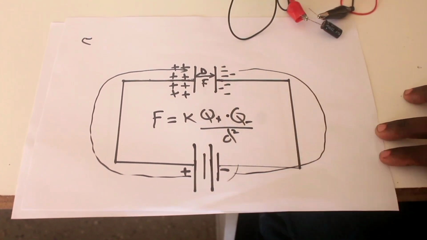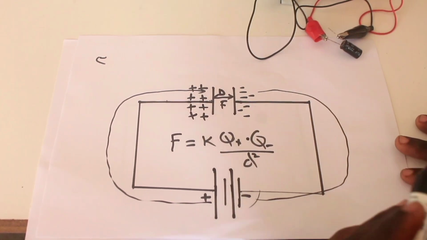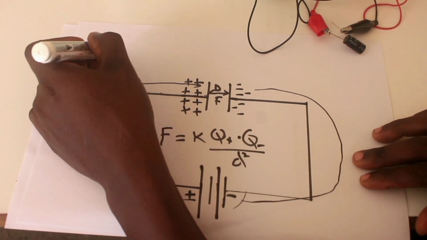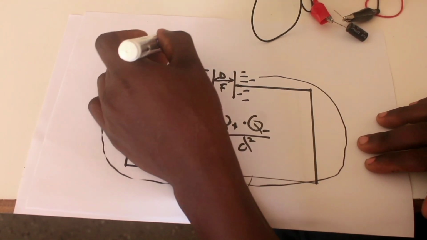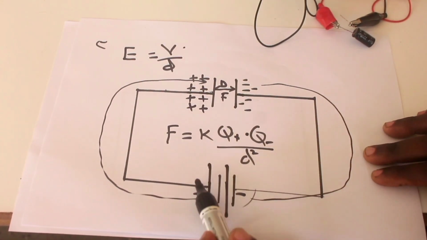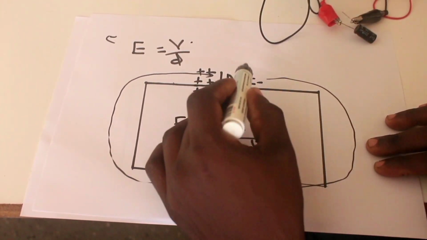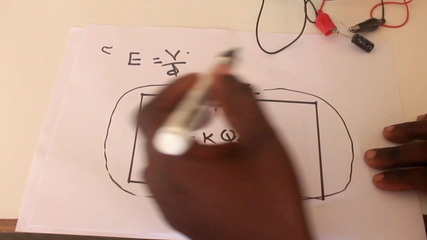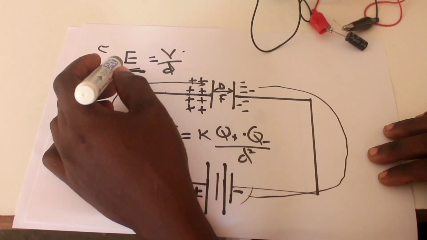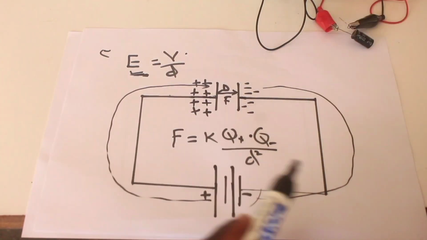This force will constitute an electric field, or electric potential gradient, given by E equals V over D, where V is the voltage of the battery and D is the distance separating the two plates in the capacitor. This electric field is what constitutes the energy stored in the capacitor.